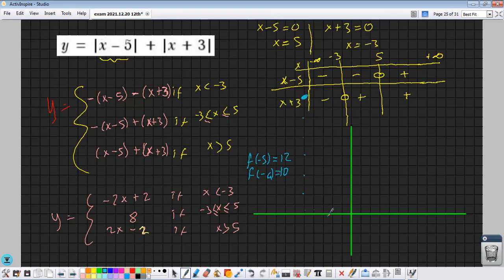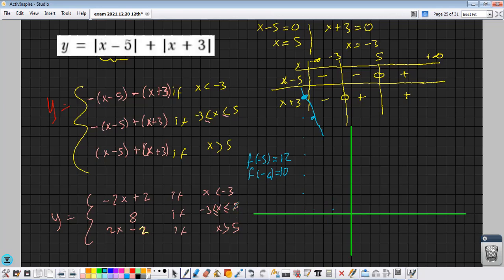When x is minus 4, I have the result 10, it should be here. So there will be a line coming to here, and we can draw this line until x is minus 3. At this point, I should stop.